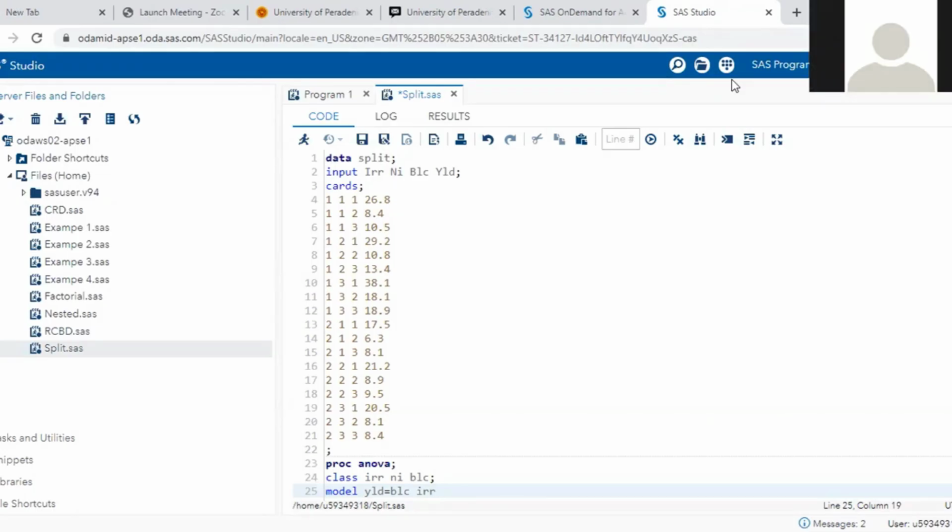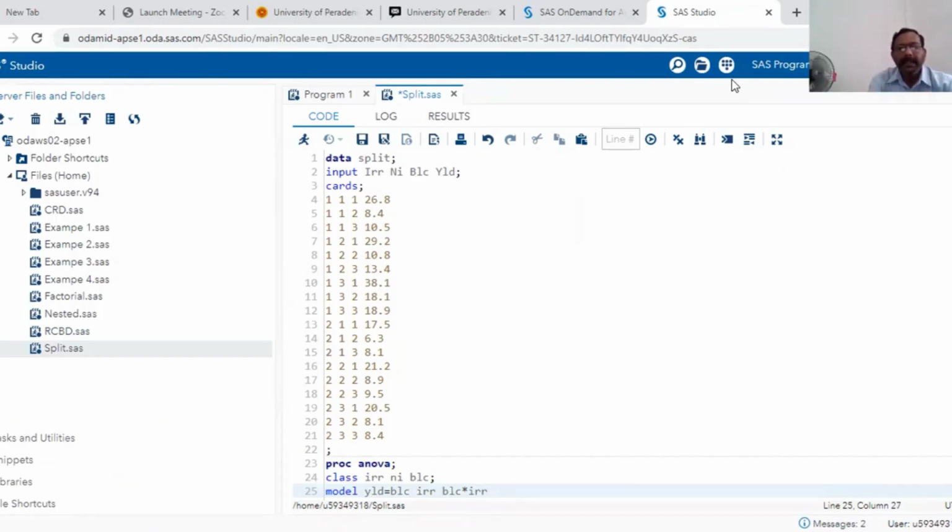Interaction between irrigation and block. Excellent. Good. So I'll put it as block into irrigation. So this is actually going to function as what? The interaction between irrigation and block is going to function as what? Error A. Right. Okay. So keep that in mind.